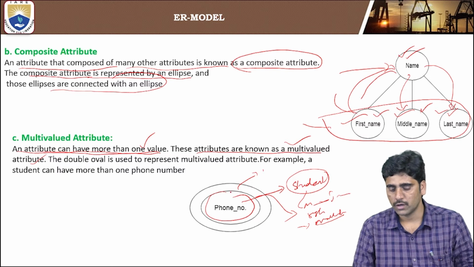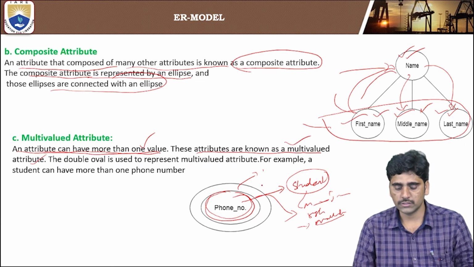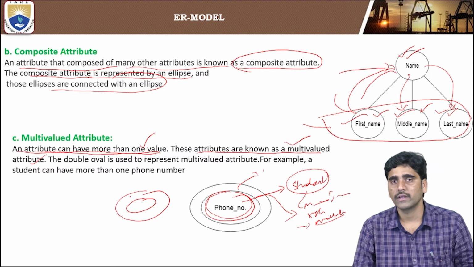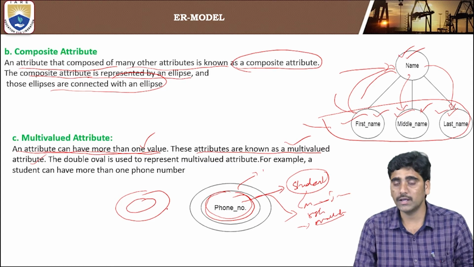So a multi-valued attribute is represented in the form of a double ellipse symbol.